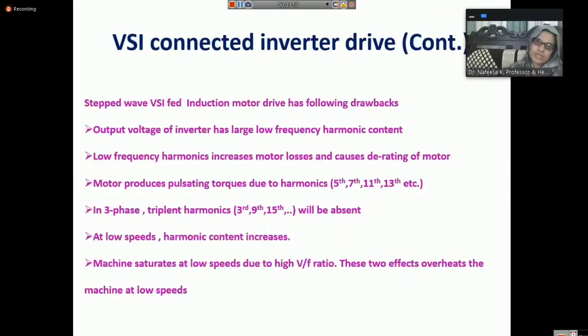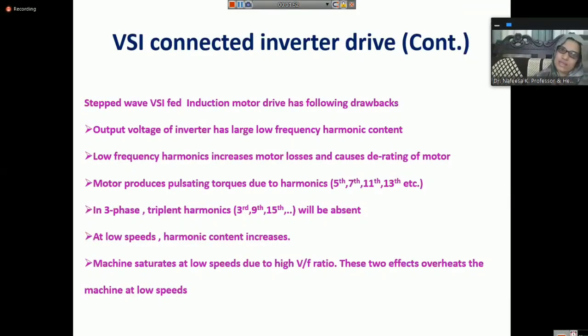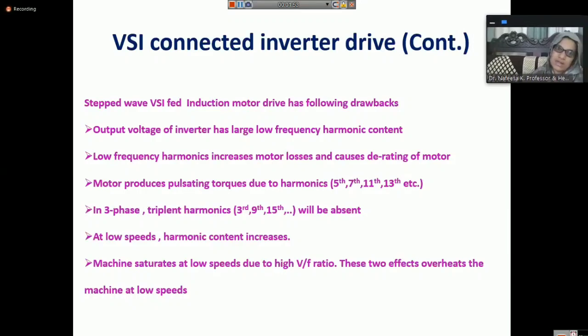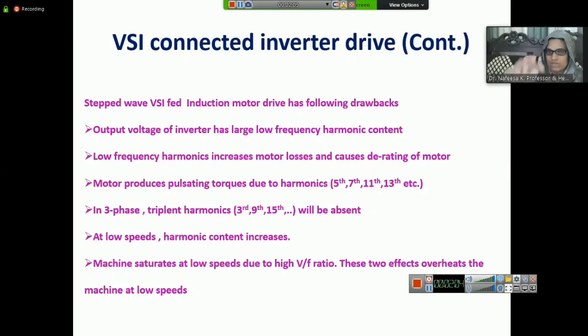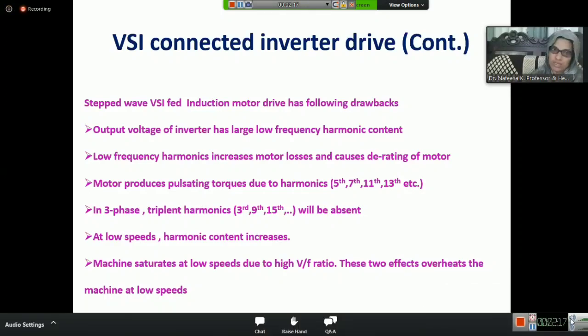So in this session, the VSI connected drive, as we know, the stepped wave VSI fed induction motor drive has a number of drawbacks because the waveform is like a stepped wave. From this, it's evident that the harmonic content is large, with low frequency harmonic content.